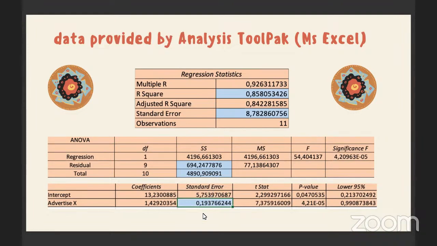And then in the third table, highlighted in blue, in the second column, is the standard error of the slope estimated. It is the value that we need to remember because we will use it in the formula.